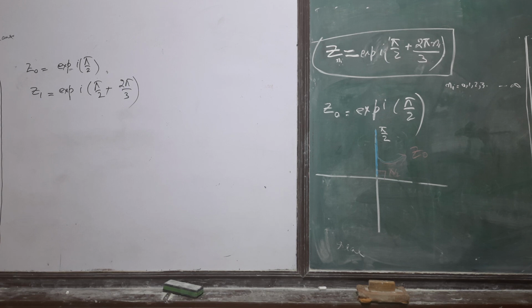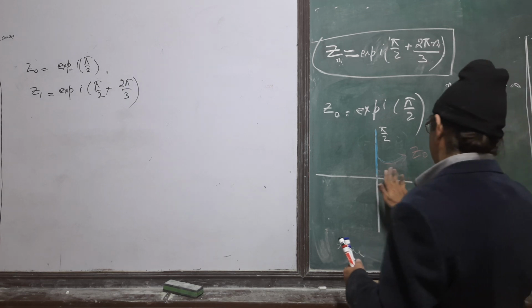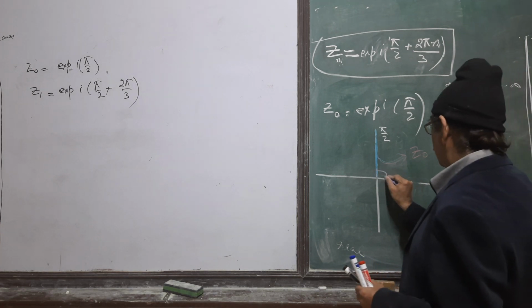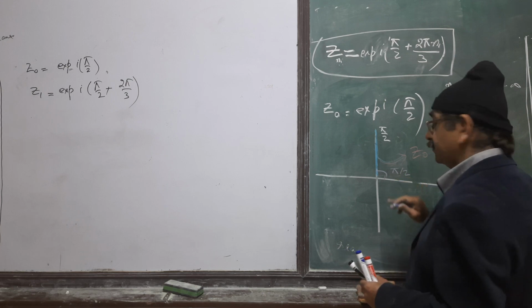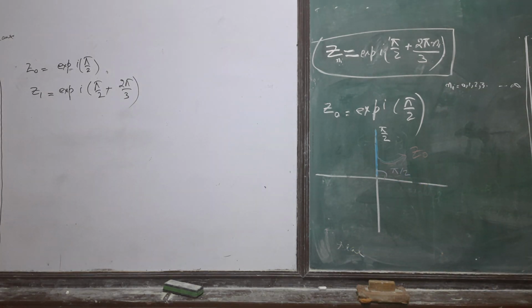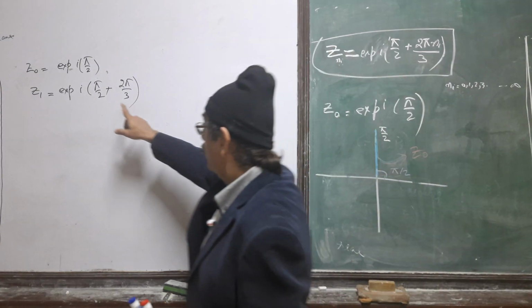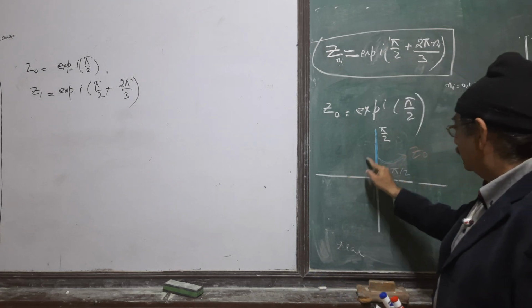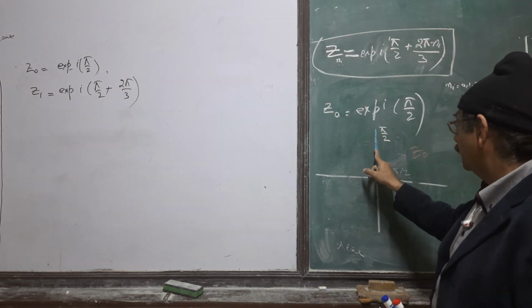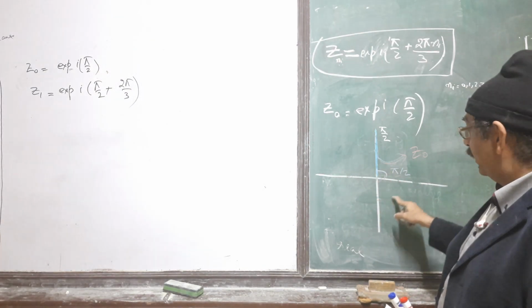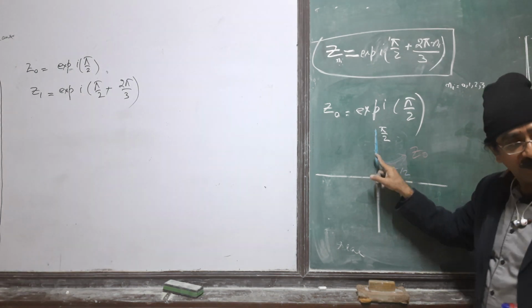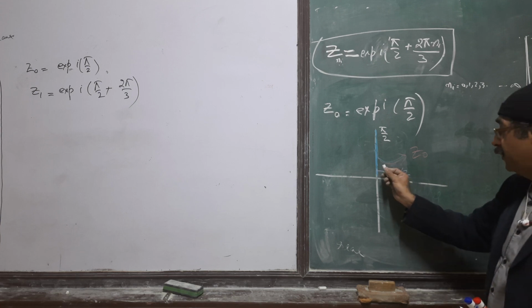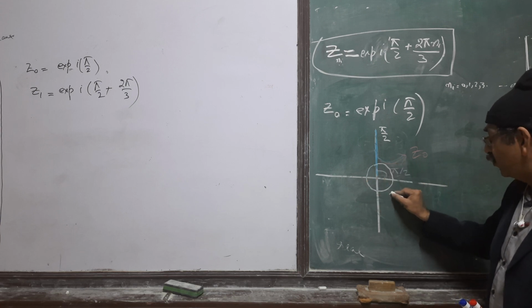Now the other angle is pi by 2 plus 2 pi by 3. This will be pi by 2, this will be pi, and this will be 2 pi if we consider a complete circle.